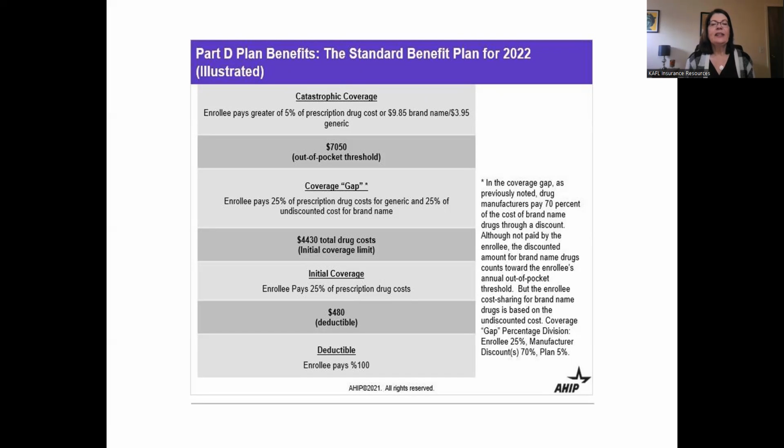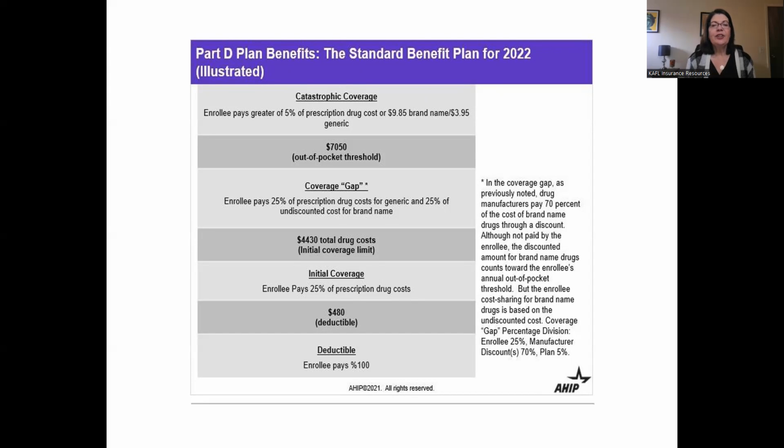Once that's been paid, then they go into the coverage gap, and that's the section that I mentioned. Drug manufacturers pay 70% of the cost of brand name drugs, and that 70% that the drug manufacturer pays goes towards that $7,050. So that $7,050 isn't what the enrollee has to pay necessarily. The drug manufacturer is going to pay 70% of the cost of brand name drugs.